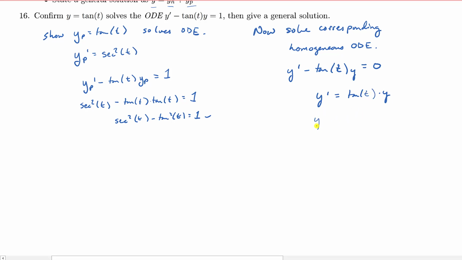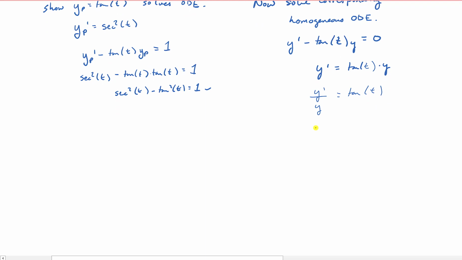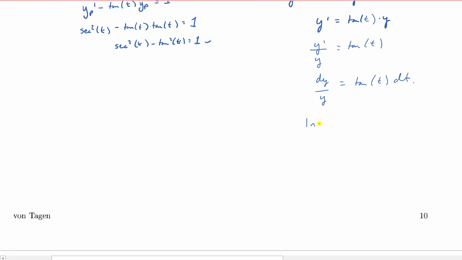And it's separable, so that gives us y prime over y is equal to the tangent of t, or multiplying both sides by dt, we get that dy over y is equal to the tangent of t dt. Integrating both sides gives us the natural log of the absolute value of y is equal to, what's the integral of the tangent? As I recall, that's the natural log of the absolute value of the secant of t plus c.